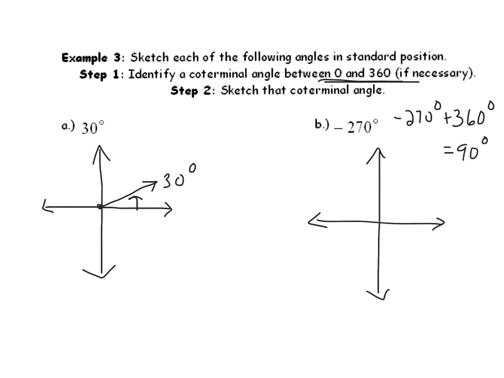So I know that negative 270 and 90 actually land in the exact same place. So I'll go ahead and draw that, first by drawing a 90-degree angle. Now be careful, because the actual angle I wanted to draw has a measure of negative 270. So my direction arrow has to go in the negative or clockwise direction. So now I can call that angle negative 270 degrees.